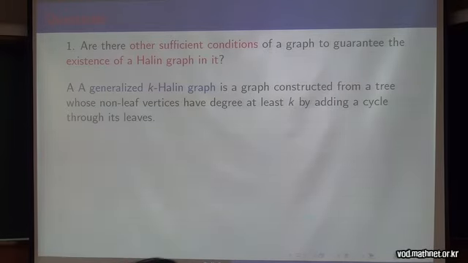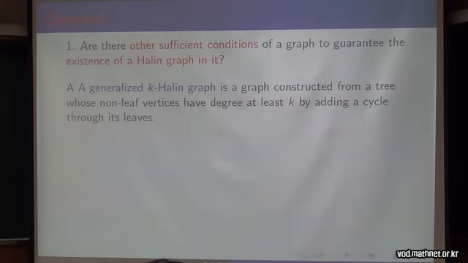We actually proved, Guantao and Shoichi and I proved something on the matching number. Remember the Halin graph has a property: when you delete two vertices, it still has a perfect matching, I mean if it has an even number of vertices. But if we delete the planarity condition, then it has no perfect matching.